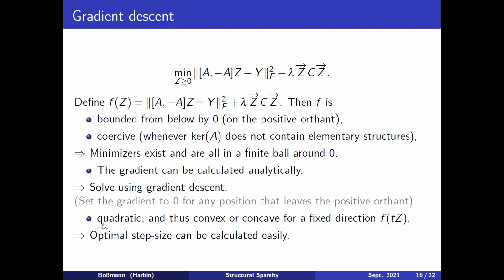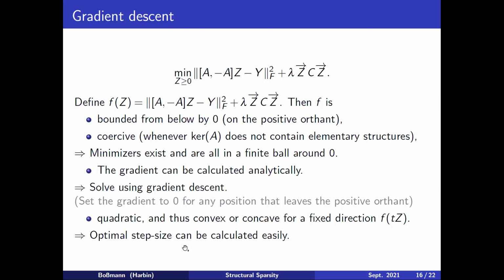Now, the next nice thing about this function is it is not convex, but it is quadratic. And this means once we have a descent direction and we look at this function just as a function of the step size, so f of tz, then because it's quadratic, it's either convex or concave. And that means we can just calculate the optimal step size.